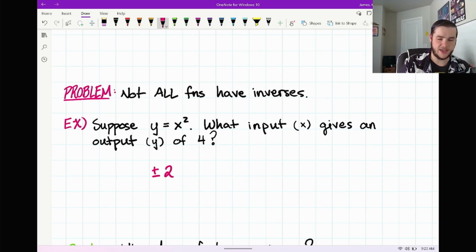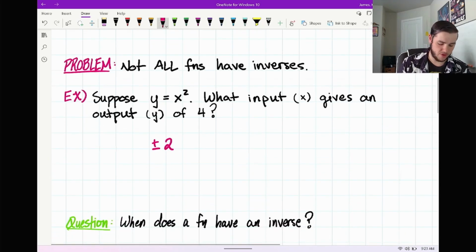But so is negative 2. This is a problem. There isn't a one-to-one correspondence here between outputs and inputs. Remember how functions had to assign an output to each input, and at most one output to each input. But the other way around isn't necessarily true for it to be a function.